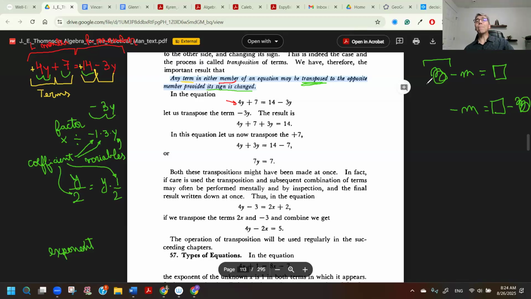The intermediate step is that if we modify the equation on one side, if we do something to one member and we do it to the other member, then the equation remains the same. So what this is implying here is that we are going to subtract this from both sides of the equation.